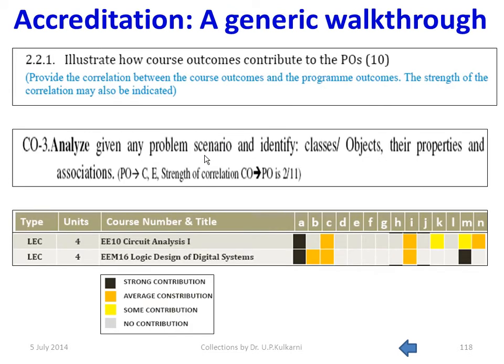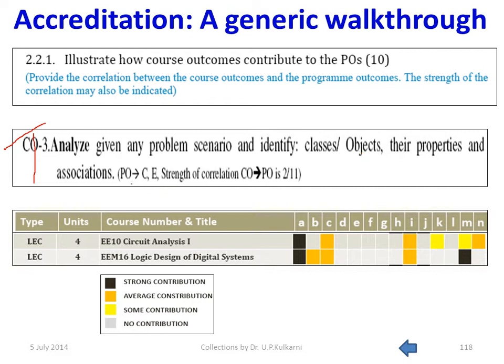Now look at this: illustrate how the course outcomes contribute to POs. Here I'm showing two things. One is what we are following right now. As part of the syllabus for every course, we write course outcomes 1, 2, 3, 4, 5, 6. One of them I'm showing here: analyze a given problem scenario and identify classes, objects, their properties and associations.